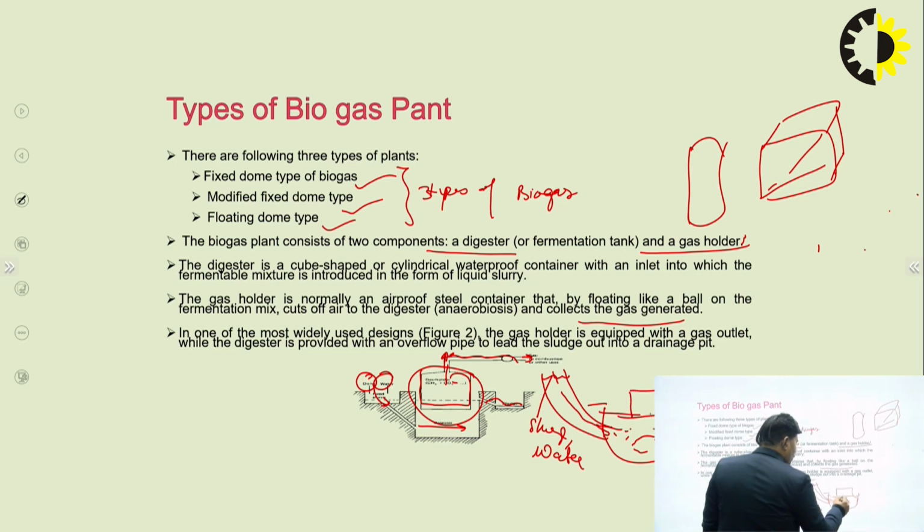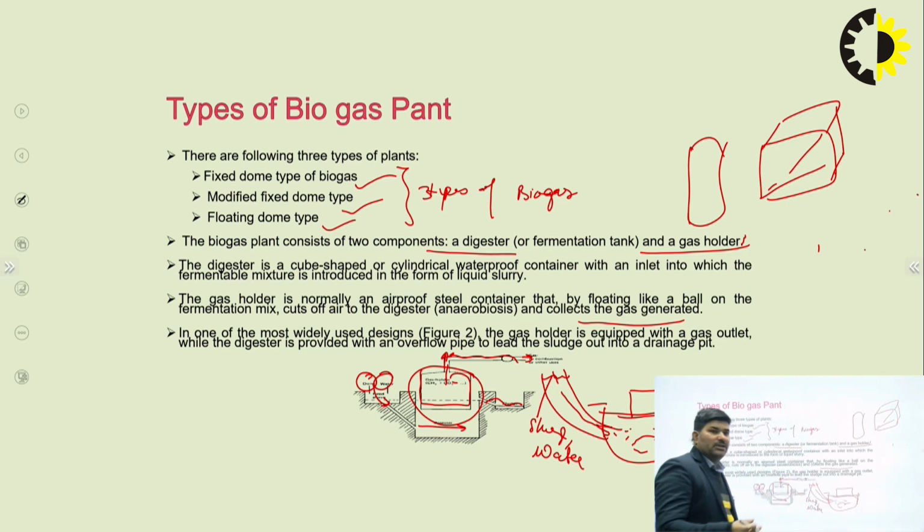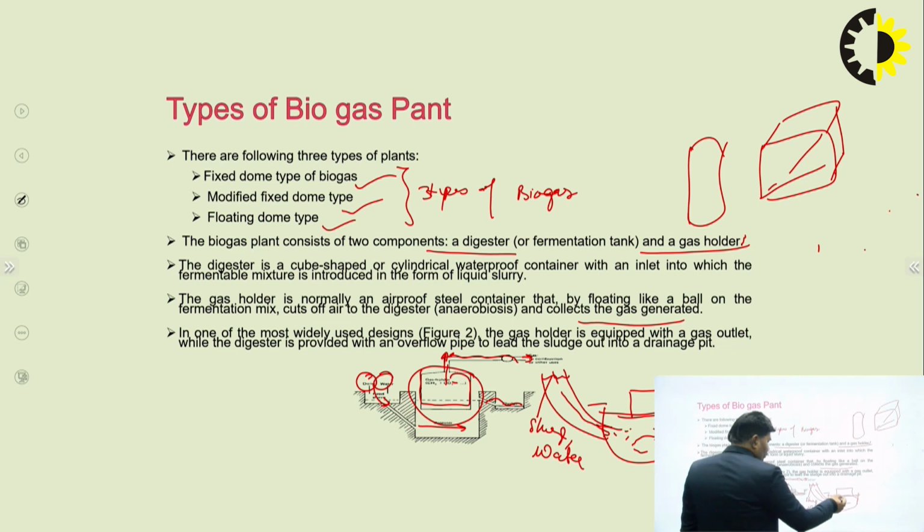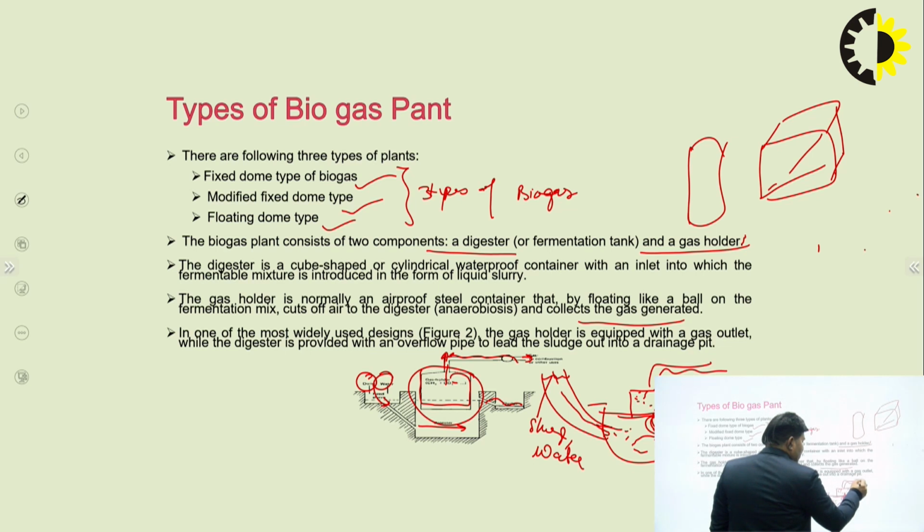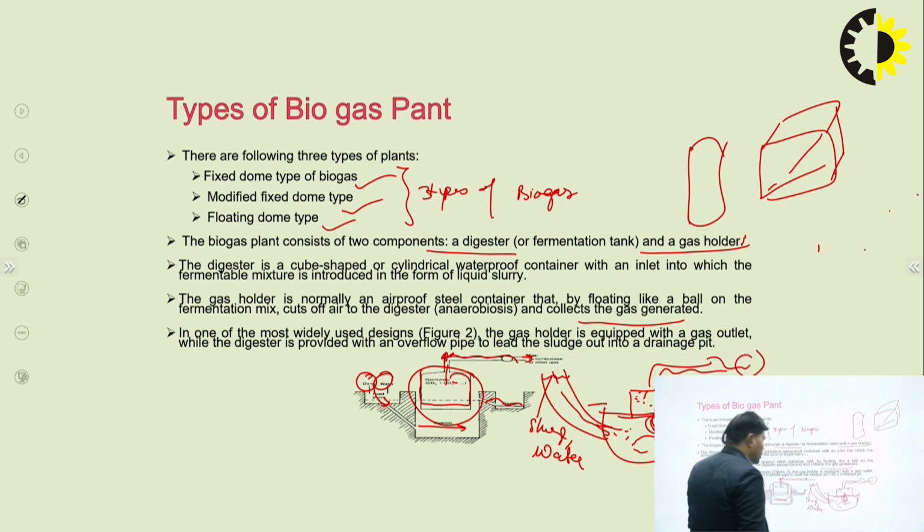When you mix all these things, after some time the fermentation process goes on, and through a pipeline the gases go to this chamber. After that you can use these gases for combustion purposes in any application.